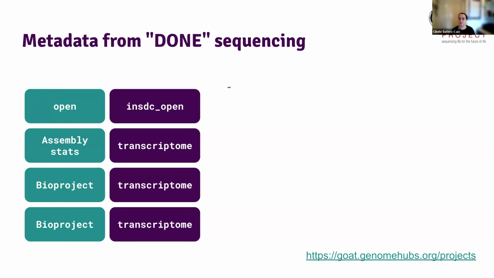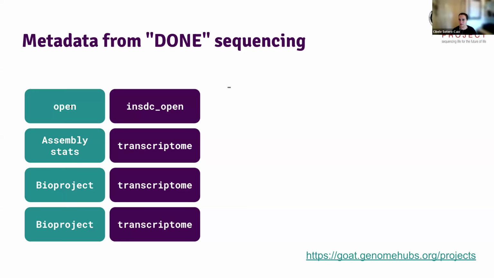Like, for instance, the Vertebrate Genomes Project, they have a bucket where they keep the data before it's actually submitted to INSDC, to NCBI. So this is the case, but also, let's say, Chinese Gene Bank is not on INSDC. So if there are things made there, GOAT is collating them and labeling them as open.